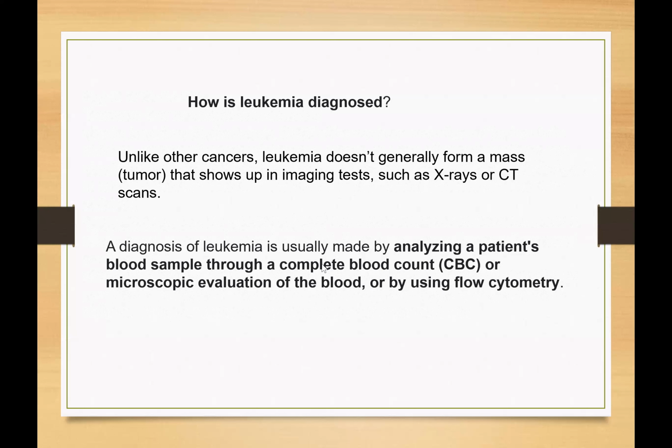Even microscopically, one can detect this disease, or by using flow cytometry. So what I'm trying to say here is that the ways of diagnosis between tumorous cancer and blood cancers are different. The normal technologies which we use for tumorous cancers are not employed to diagnose blood cancers.